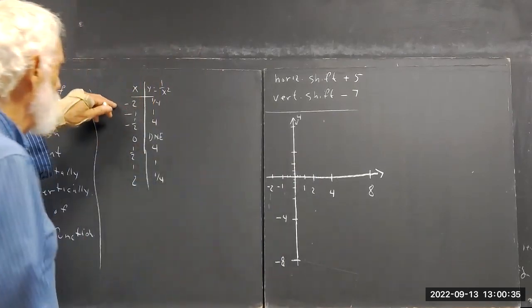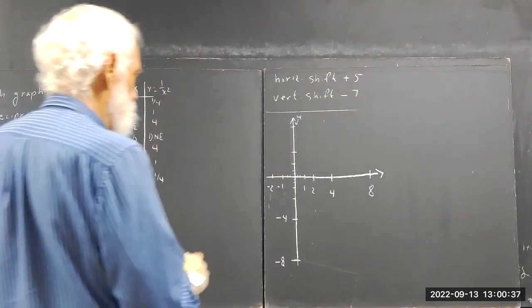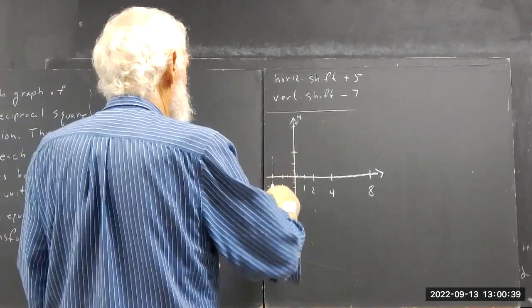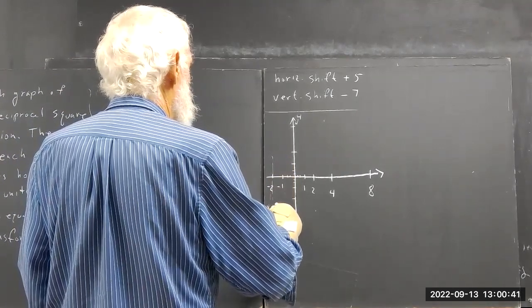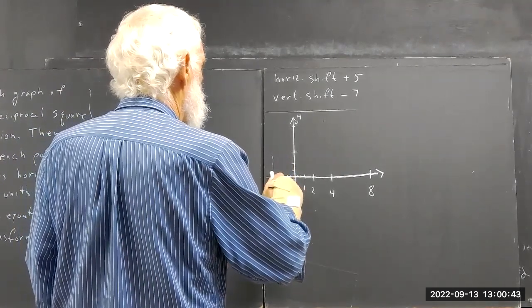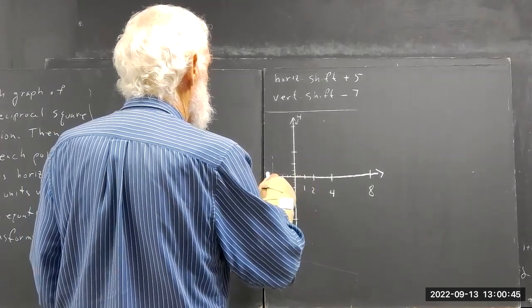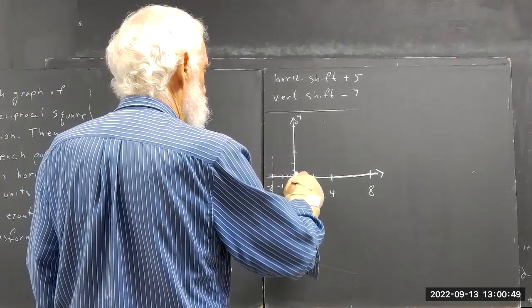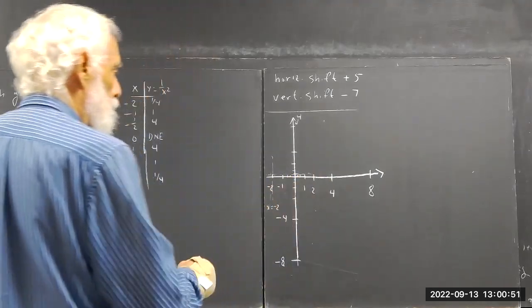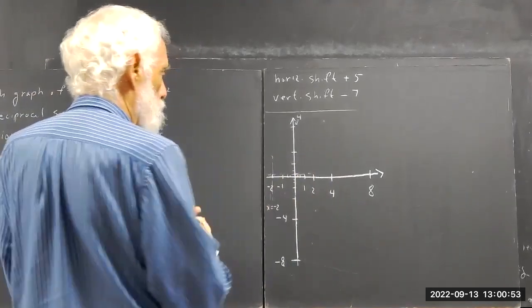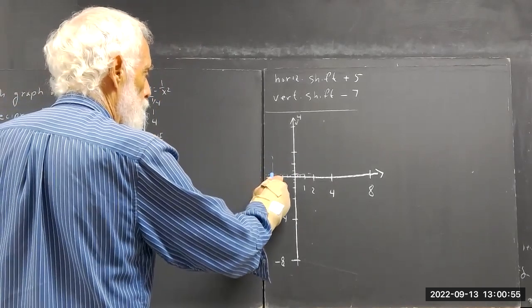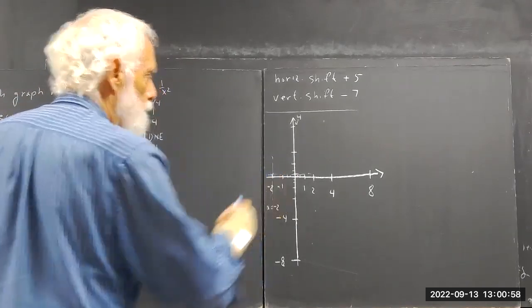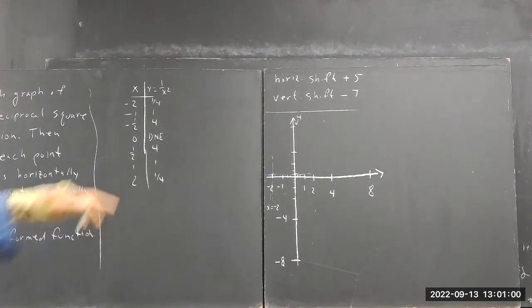So -2, 1/4. X is -2 here. Y equals 1/4 along this line. I'm not going to label that, but there's my y equals 1/4 line, and there's my point.